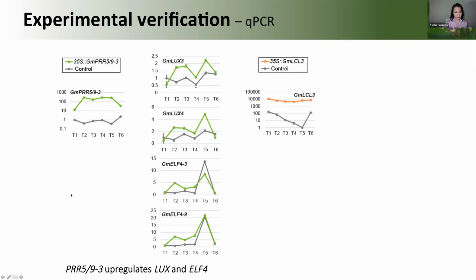We looked at the inferred downstream genes. In this case, in the PRR593-expressing cell lines, we mostly saw upregulation of downstream genes. So we can probably conclude PRR593 actually upregulates LAX and L4, the predicted downstream genes.